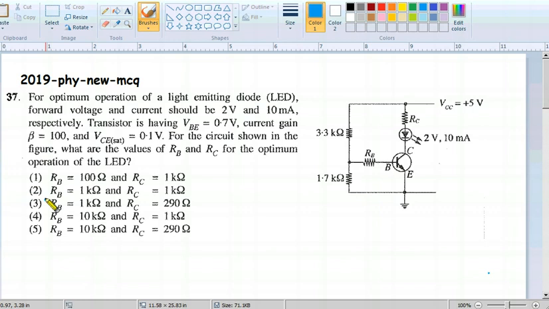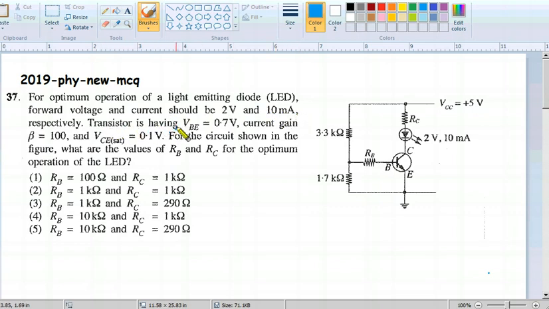Today I am going to discuss question number 37, MCQ 37 of 2019 Physics new syllabus paper. For optimum operation of a light emitting diode, that means LED, forward voltage and current should be 2 volt and 10 milliampere respectively.